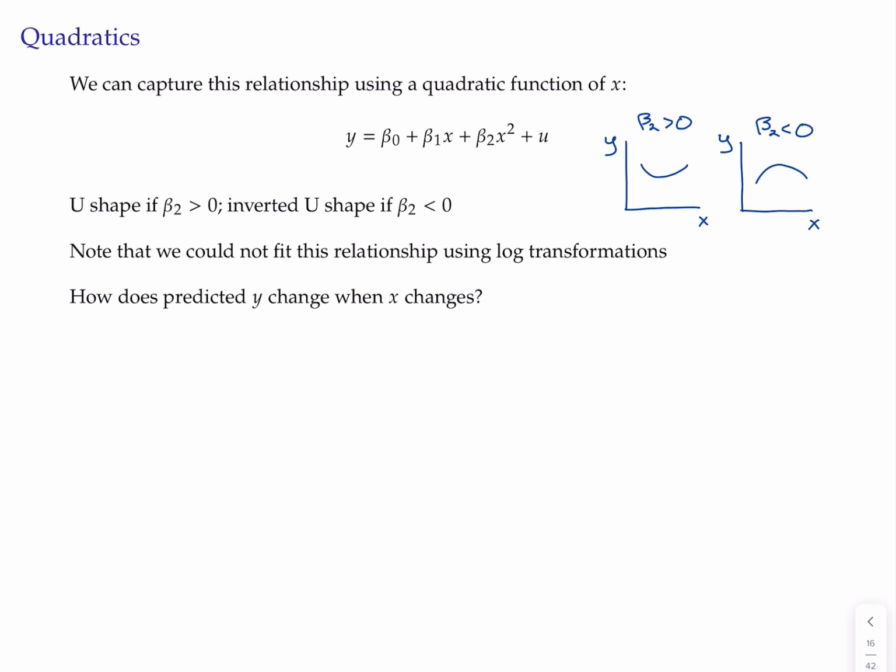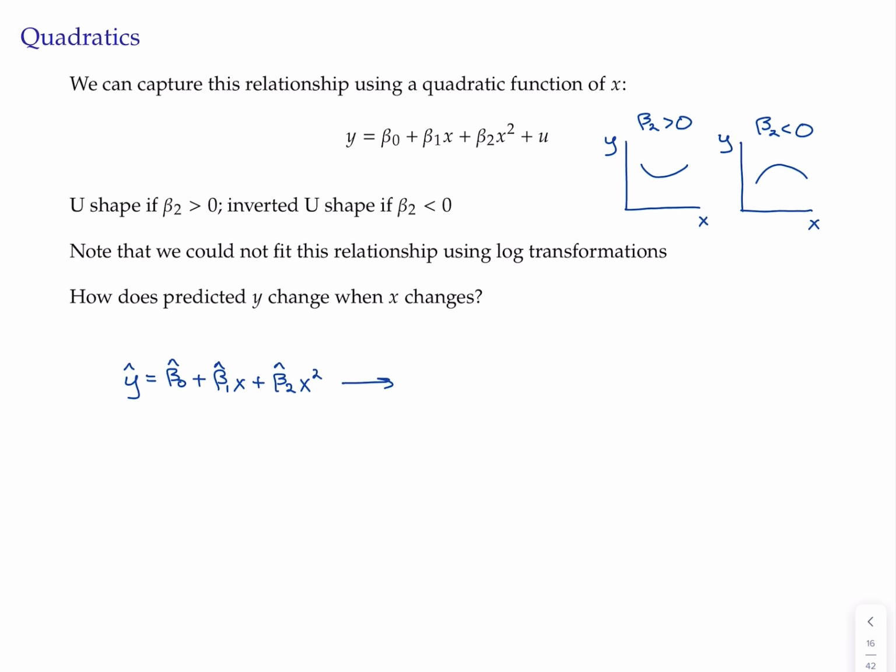Okay, a characteristic of this quadratic relationship is that the rate of change between y and x, or like the slope of this line right here, the best fit line, itself changes as x changes. And to see how that works, what we can do is write out the estimated regression equation, like so.